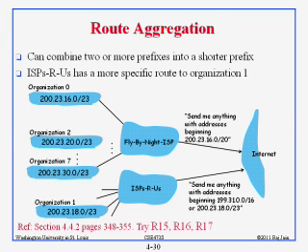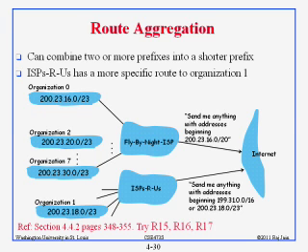So let's say we have these addresses: 200.23.16.0/23, 223.20.0/23 and 223.30.0/23. This network will have these different addresses in its table. But when they come here, all these addresses will be combined into one entry.